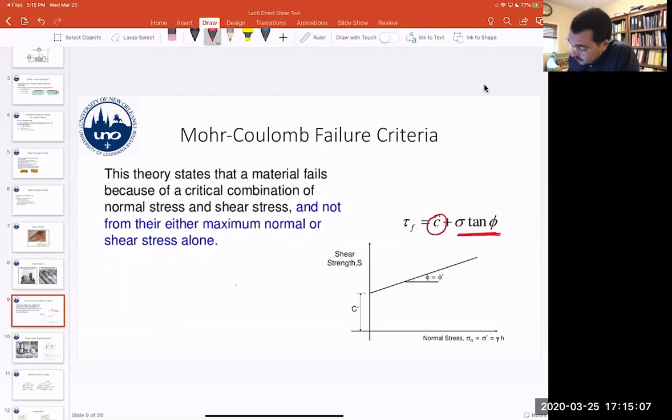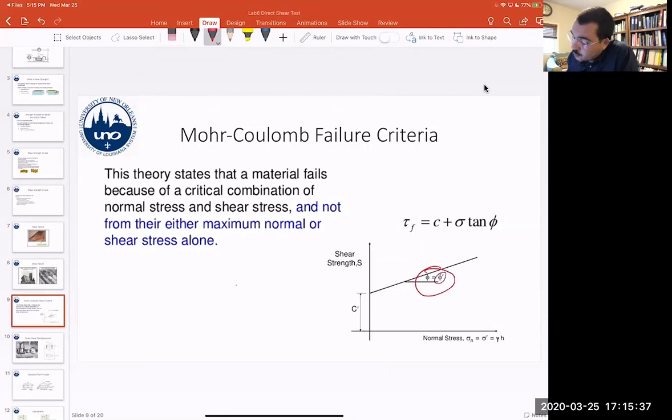And by the end of the lab, we will be able to do a shear strength plot with normal stress, and we can see where this failure line is. When you're trying to design, you want to stay away from this failure line as much as possible. And this is the internal angle of friction for the soil.